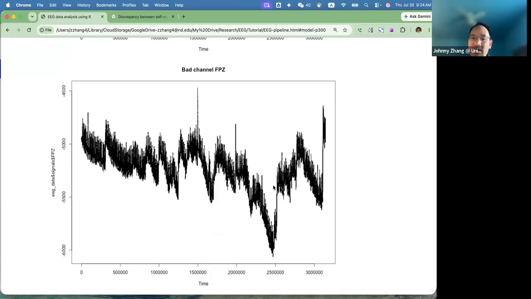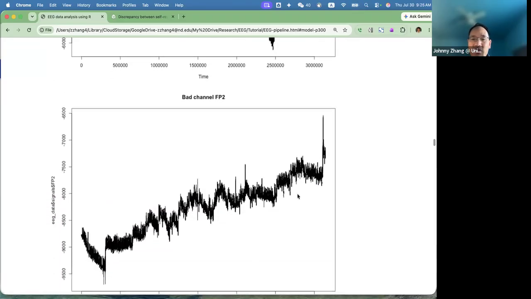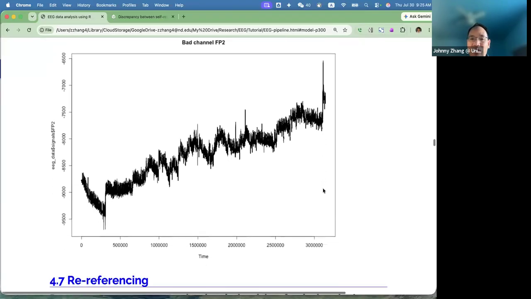So this maybe means there's some issue with the channel. But it also seems there's some information in it too. So you may want to go back to your original data and data collection to see whether there are any issues, whether you want to remove it. And if you want to be conservative, you can just remove them here now and then add the polluted information back to the channels later on.